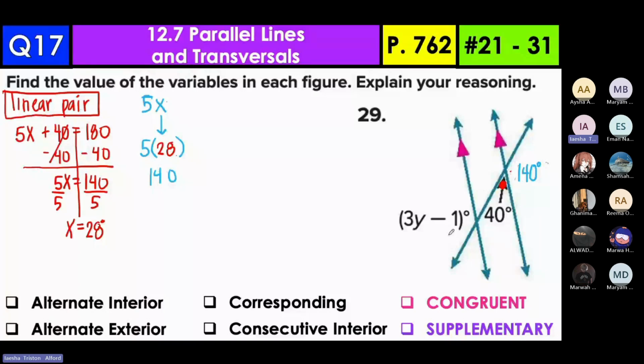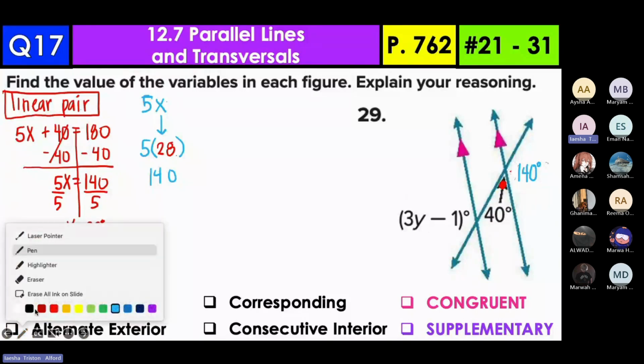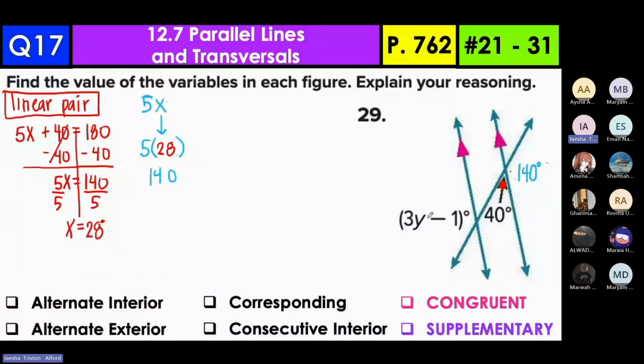Now we can find the y. See if you can figure out a name for the y. Looking at the blue angle and 3y subtract 1. Same side or opposite side? Opposite. Inside, outside? Outside. Name: alternate exterior.